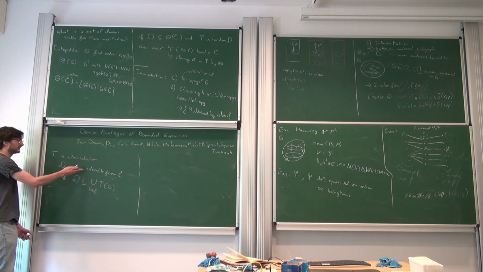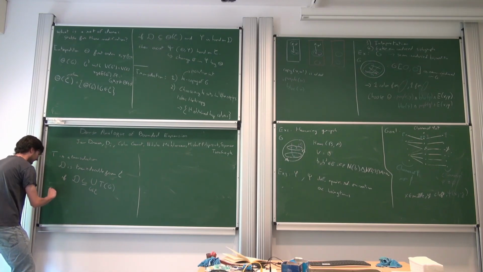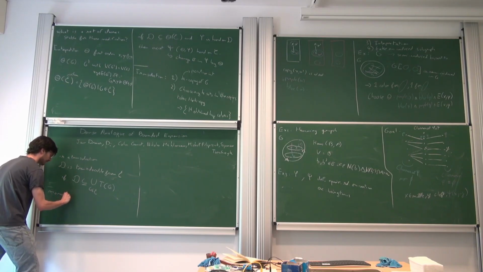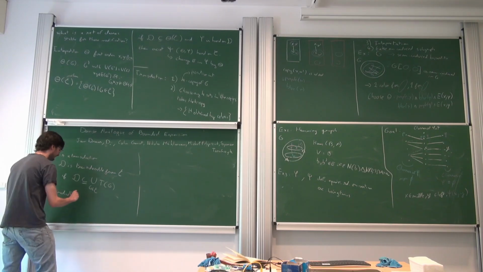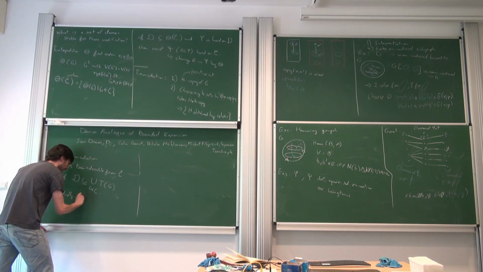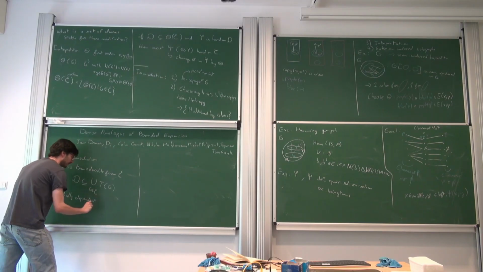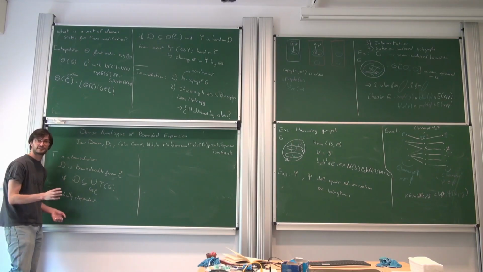So we will look at this more general operation and define monadically dependent, sorry, the classes that cannot transduce the class of all graphs.